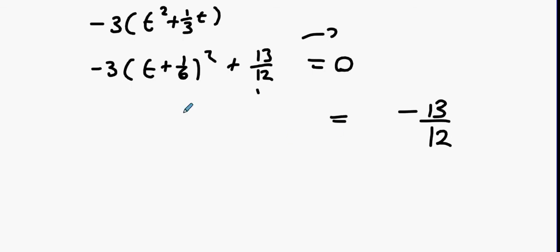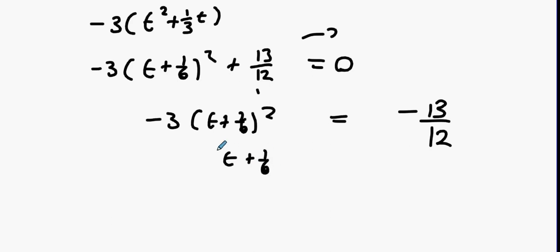And then we got minus 3 by t plus 1/6 squared. What next? Divided by minus 3, what do you get? Divide 13 over 12 by 3 and you get minus 13 over 36. Oh, the minuses cancel, by the way. So I get rid of both minuses. Now it's 13 over 36.